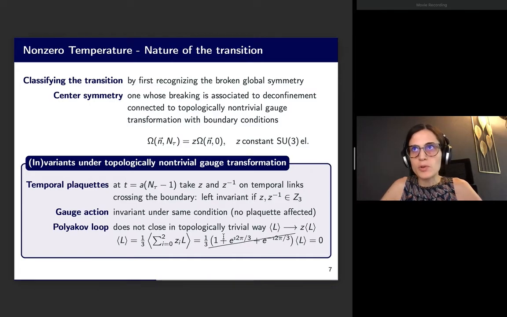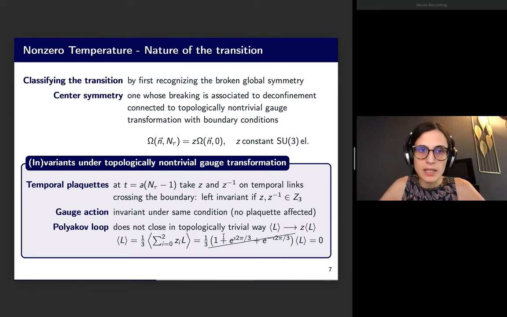So being able to say whether it is a first order, a second order phase transition, or some continuous phase transition. And to that, we need to ask ourselves what is the relevant symmetry whose breaking is connected with the change in the behavior of the order parameter that we have just discussed.